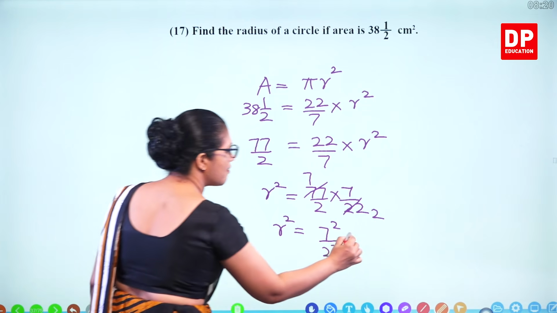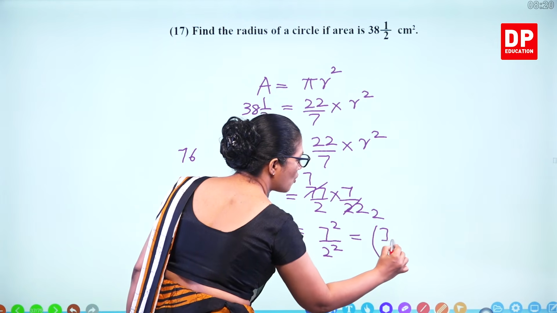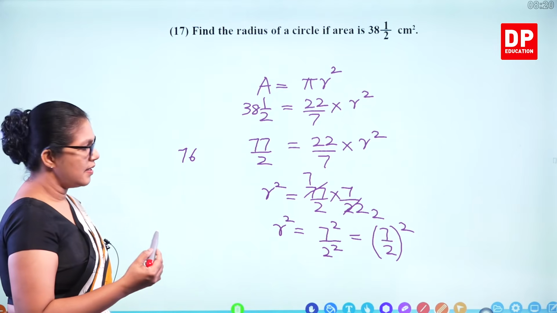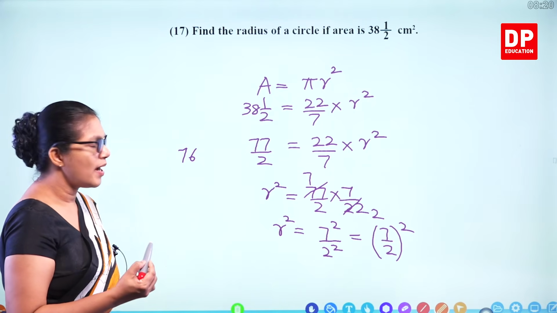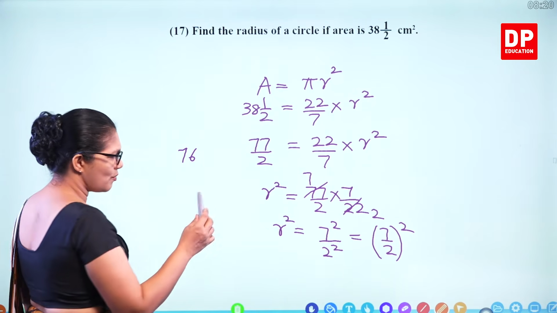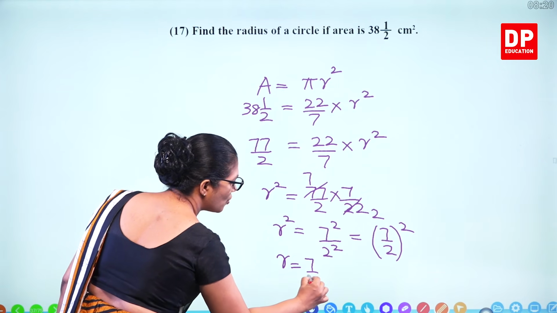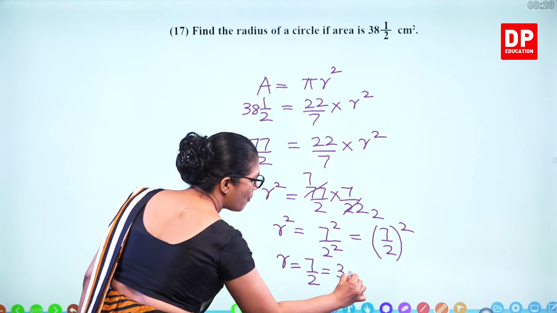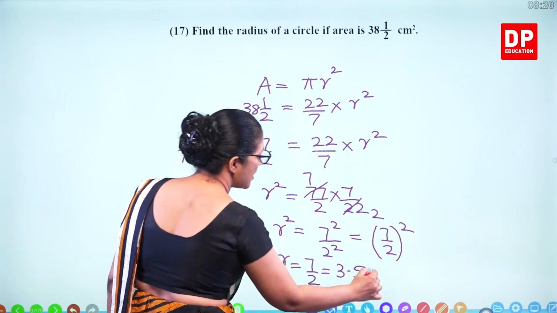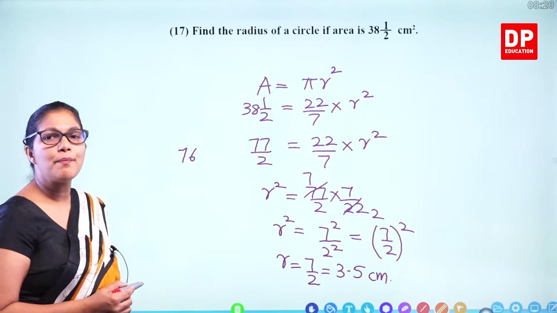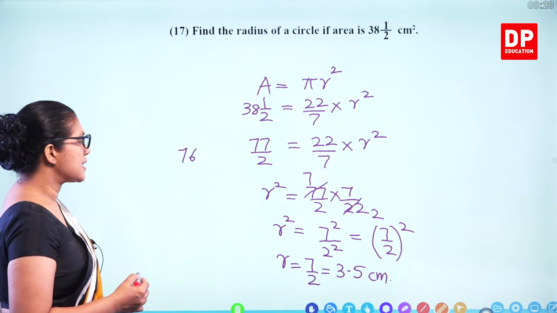I can write this one as 7 over 2 whole thing squared. Instead of 7 squared over 2 squared, 7 over 2 whole thing squared. So what's r now? R becomes 7 over 2. That's 3.5 centimeters. The radius becomes 3.5 centimeters.